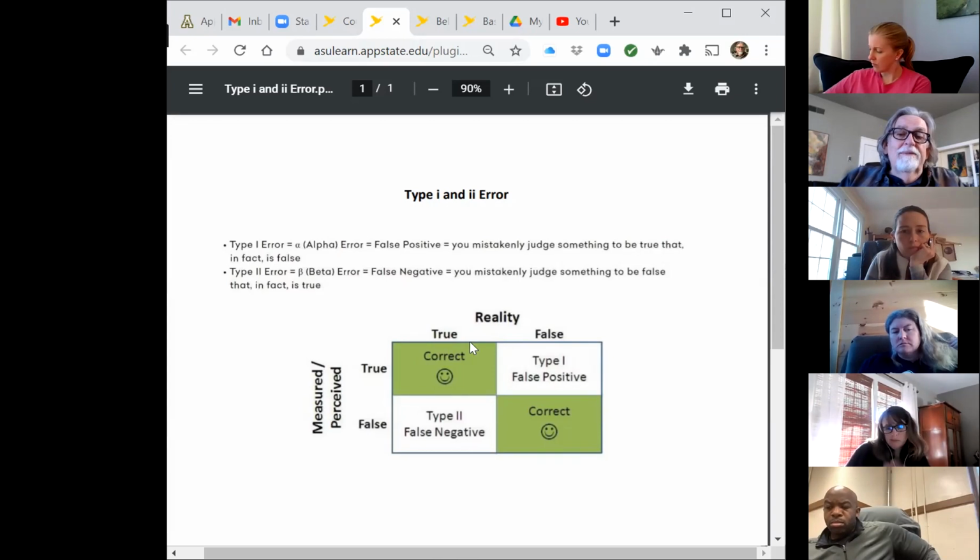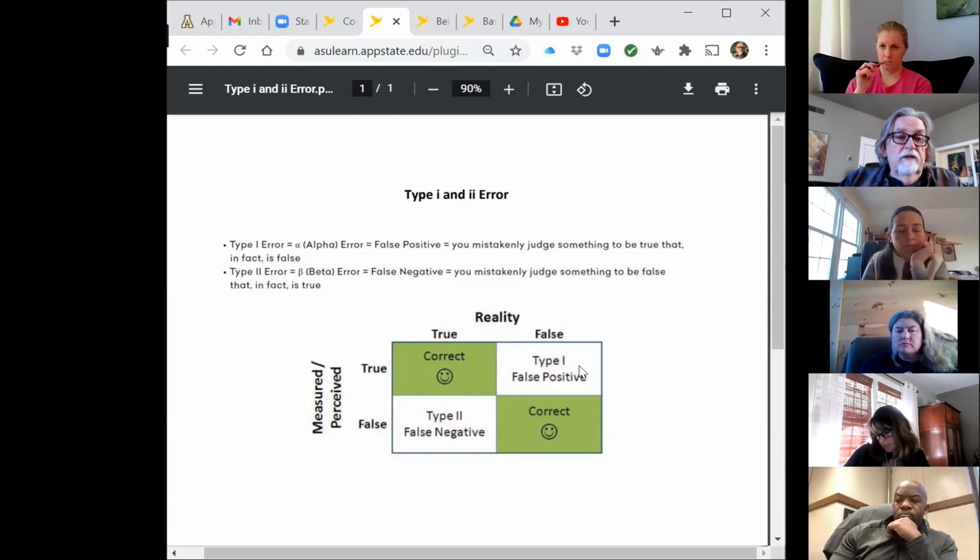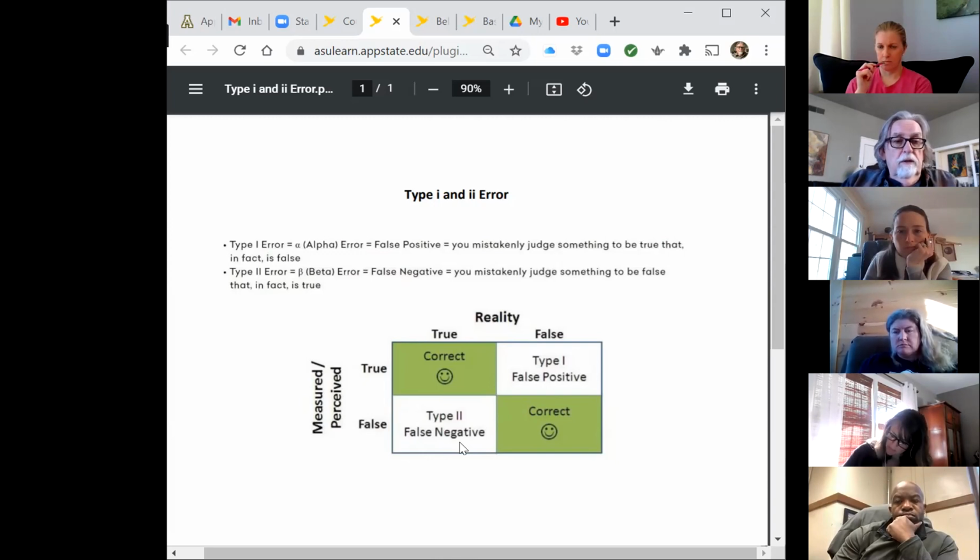We can estimate the incidence of false positive, though, and that's that 0.05. The p-value, the sig value. But type 2 is the one we just don't know because we don't have any evidence that it's not negative. We have no way of gathering evidence for a beta error.